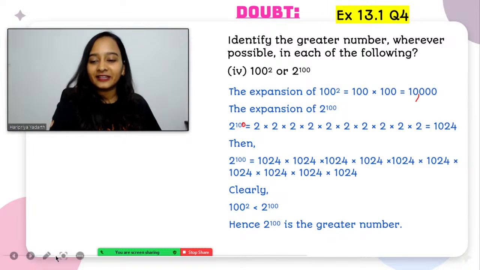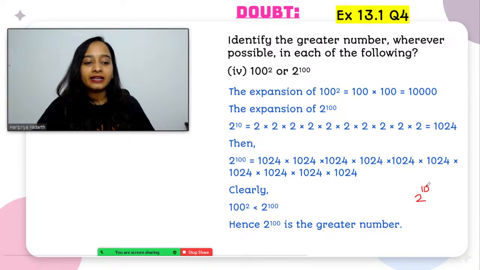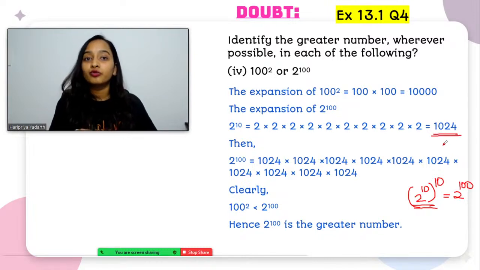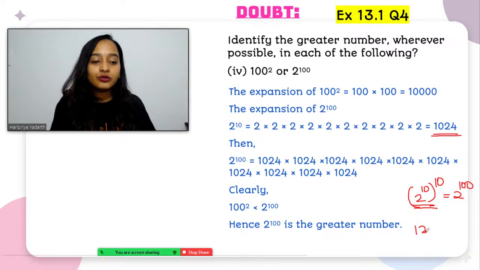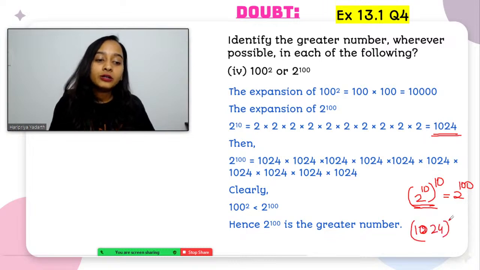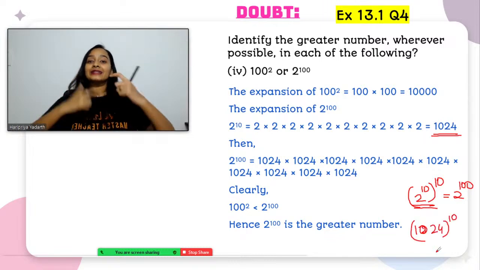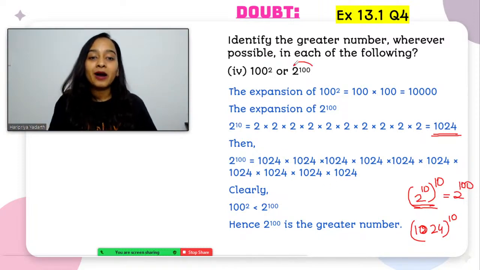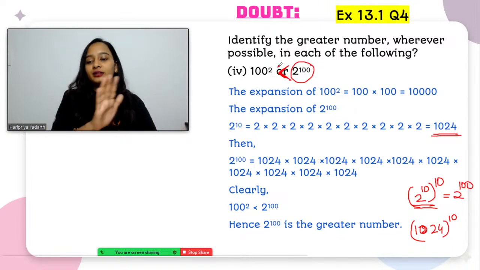Here they have taken 2 to the power 10 whole to the power 10, which is nothing but 2 to the power 100. Now what is 2 to the power 10? 2 into 2 into 2, 10 times you're multiplying, that will be 1024. Now 1024 whole to the power 10, you're multiplying that again 10 times. So clearly 2 to the power 100 is greater than 100 to the power 2.